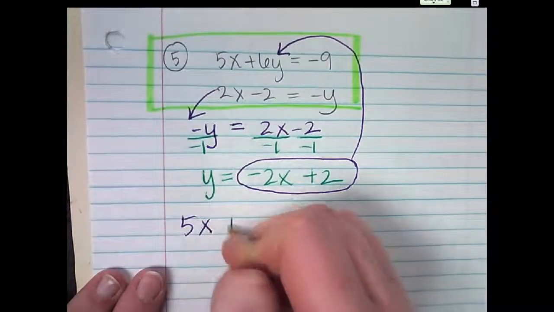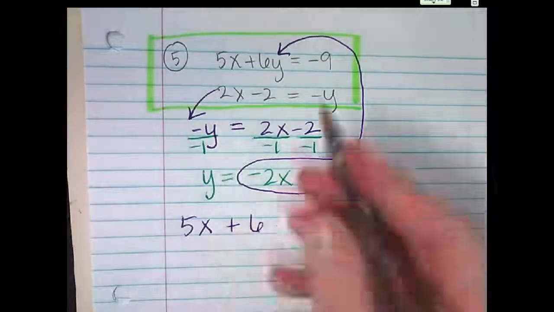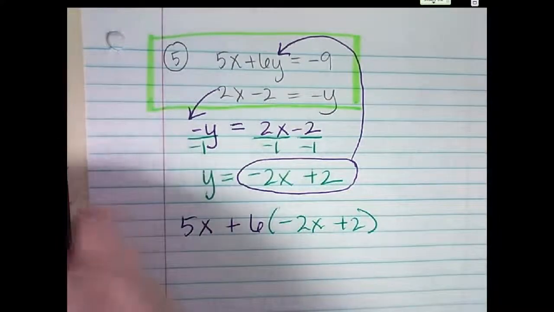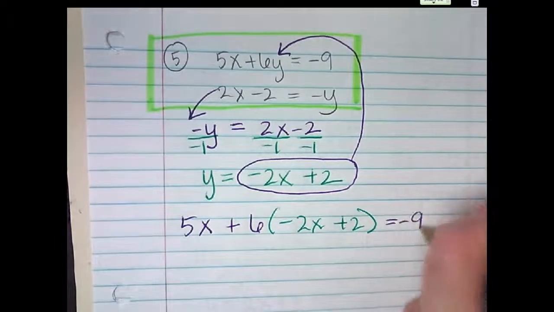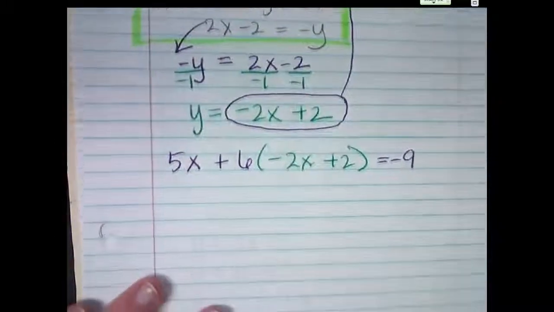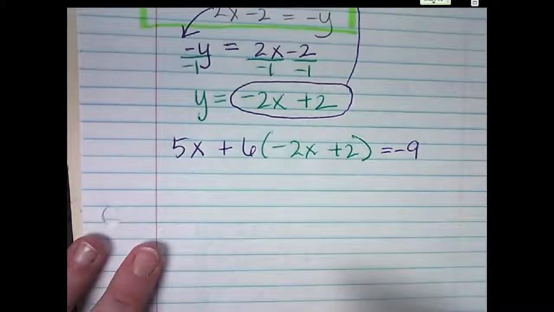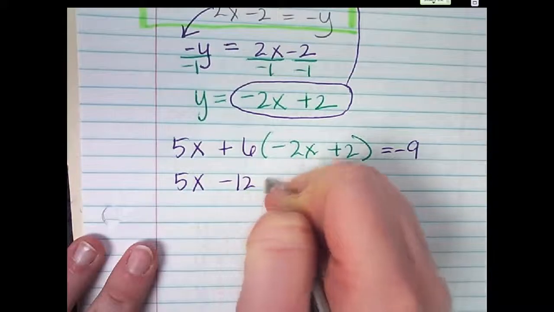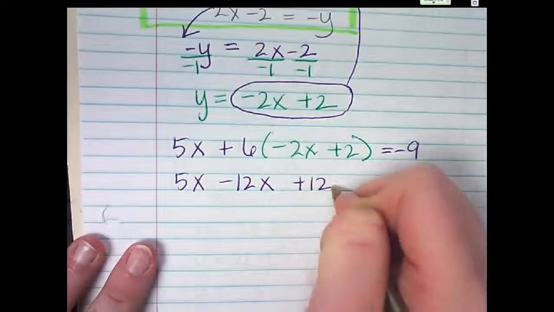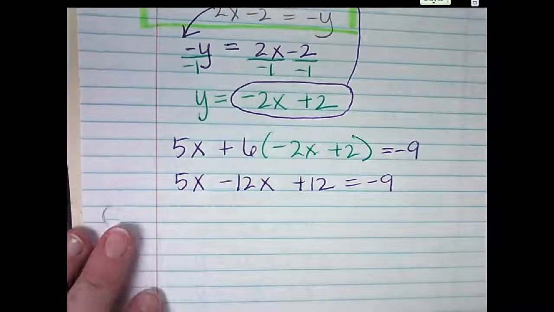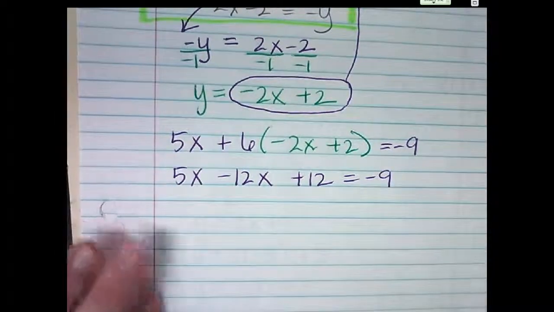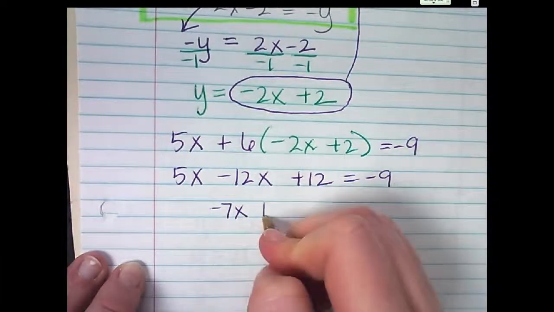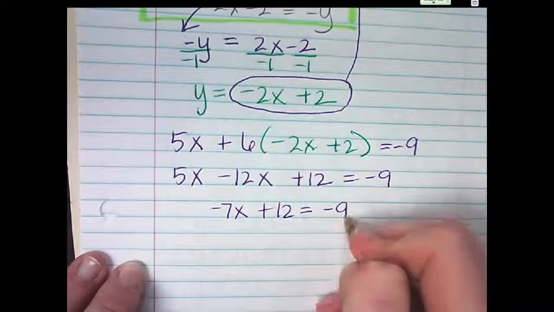So 5x plus 6 times negative 2x plus 2 equals negative 9. So 5x minus 12x plus 12 equals negative 9. Negative 7x plus 12 equals negative 9.